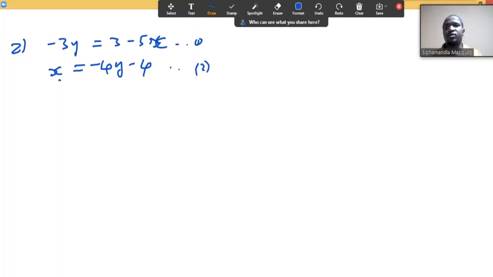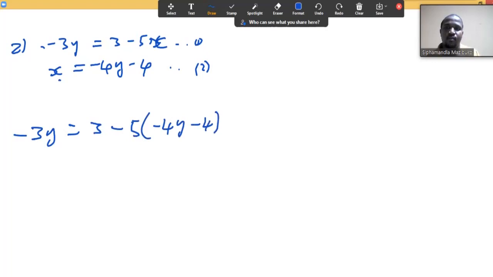So let's just substitute equation 2 into equation 1. We have minus 3y from our first equation is equal to 3 minus 5, and wherever I see x, I put minus 4y minus 4.